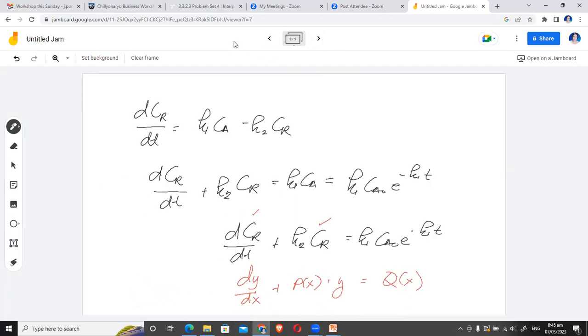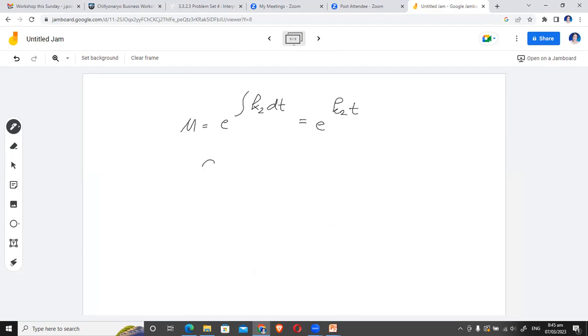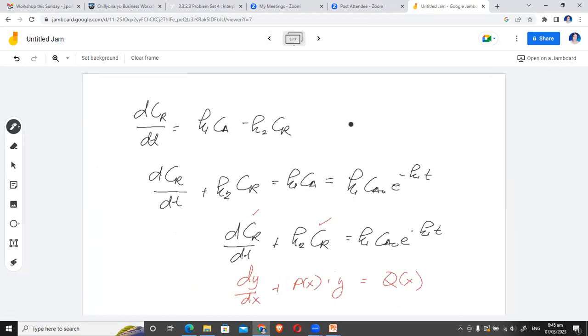So the answer to this particular linear DE would be your unknown function, in this case C sub r. You multiply it to the mu, which is e raised to k sub 2 t, and you're going to integrate with respect to the entire expression of your q of x.